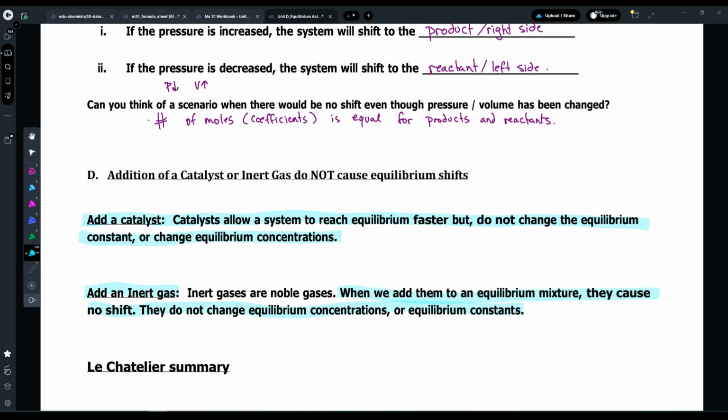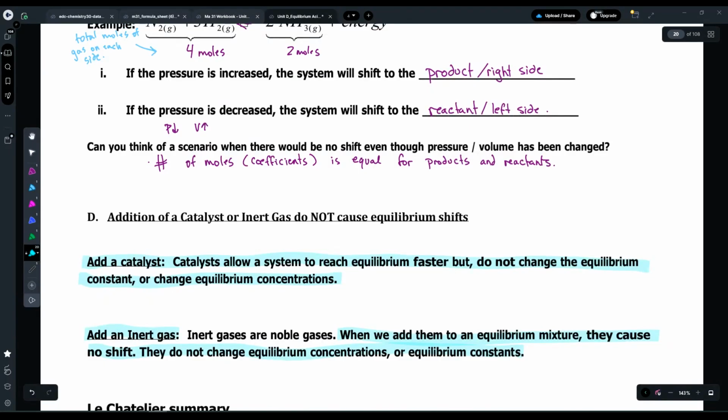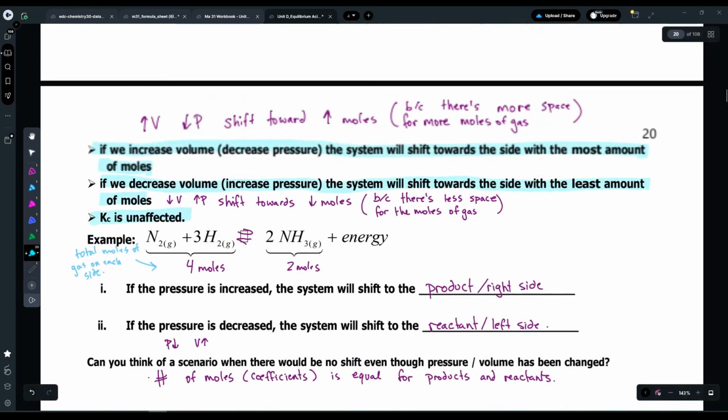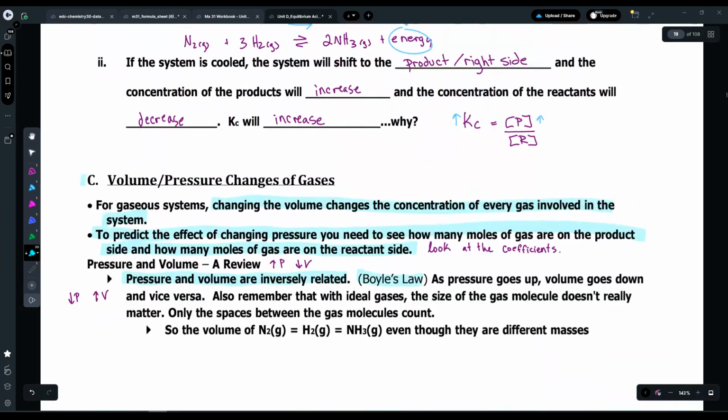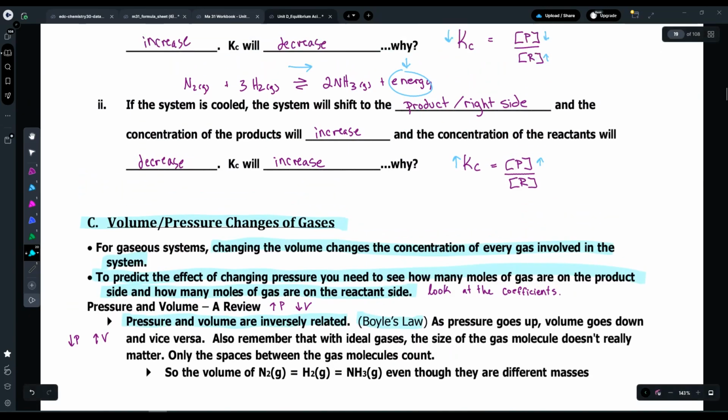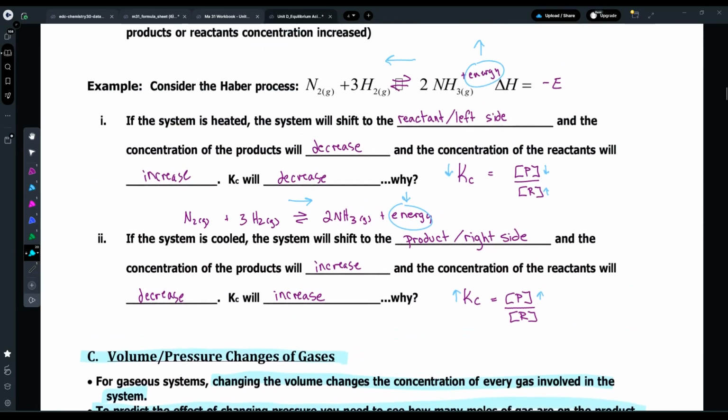So keep in mind, you need to be aware of how all of these stresses are going to cause an equilibrium to shift, and if they change the equilibrium constant or not. So again, the stresses that we went over were the addition of catalysts or inert gases, volume or pressure changes, which again is only going to affect gases.